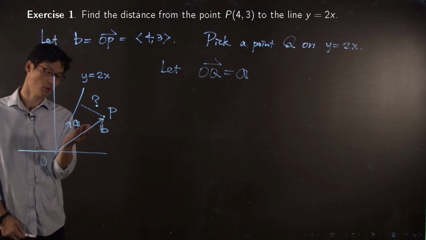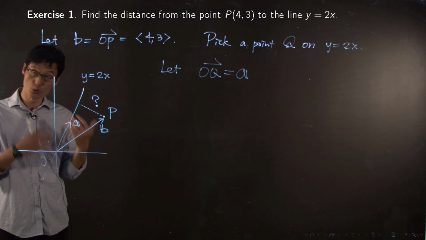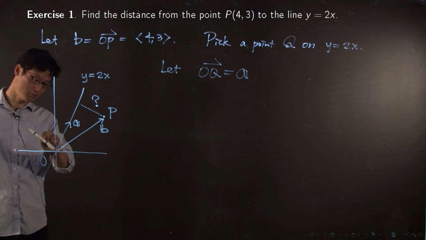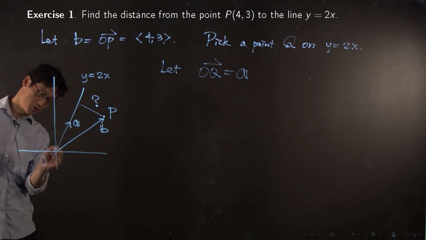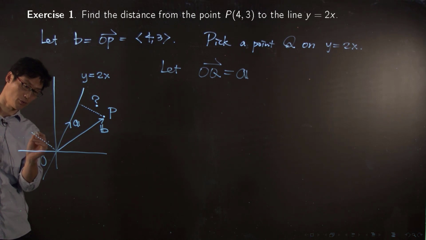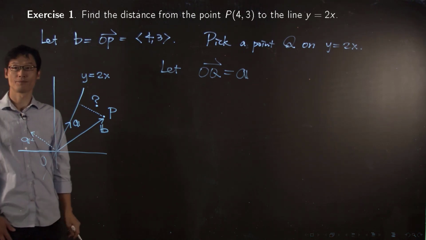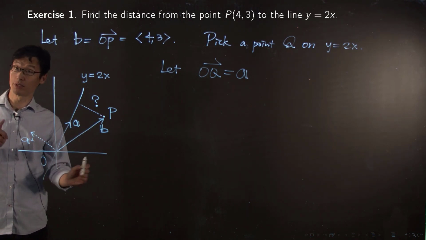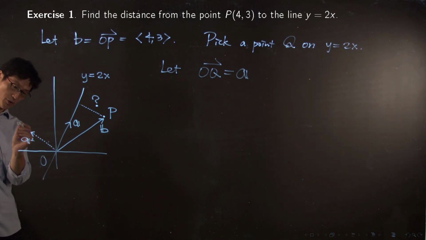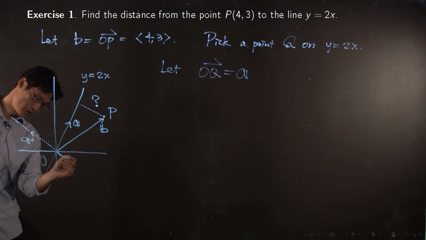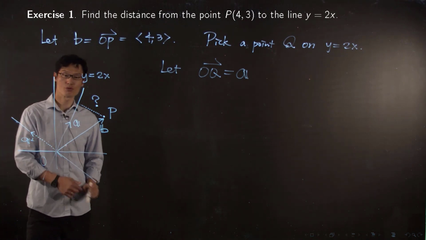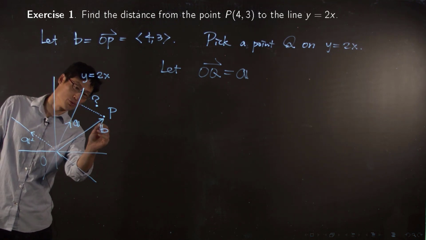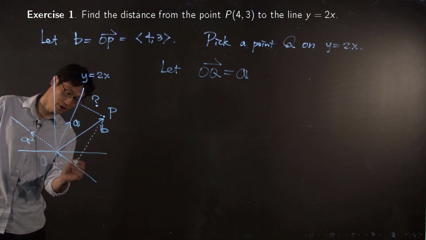Instead of projecting B onto A, we want to use the orthogonal complement of this vector. So if you think of the orthogonal complement, it looks like this. So we have the orthogonal complement here. If you project B onto this orthogonal complement, something nice happens. You can think of this direction, and you are projecting B onto this direction, which will give you this vector.